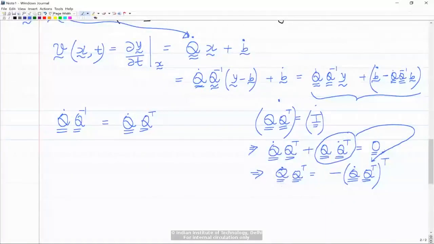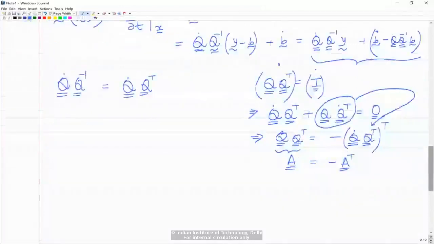But what does this mean? You see, if you call this as a tensor A, then A is equal to minus of A transpose. What sort of tensor is this? Anyone? A equal to minus of A transpose. Antisymmetric tensor, right?